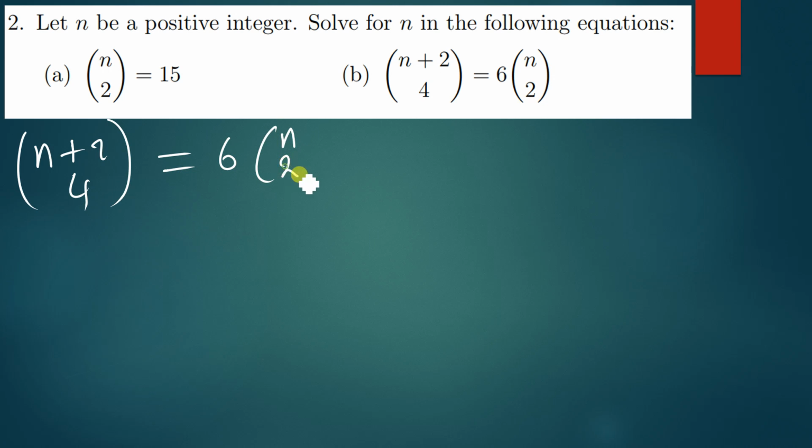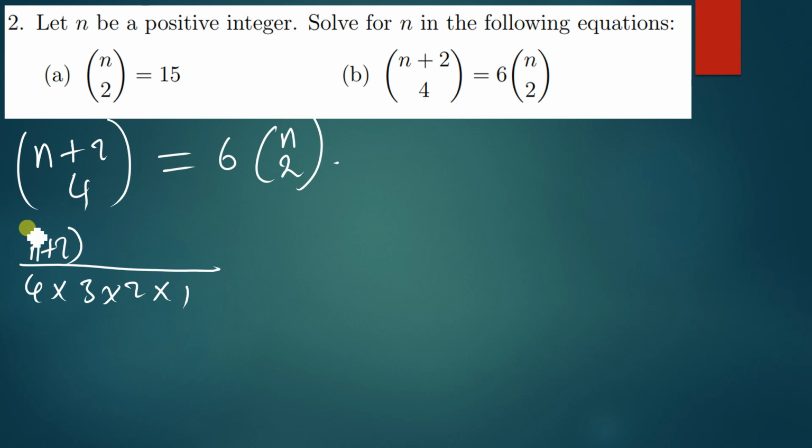So we're going to do the same. On the denominator there, I'm going to have 4 times 3 times 2 times 1. On the numerator there, I'm going to have n plus 2. Then from there, we subtract 1 from it, so we're going to have n plus 2 minus 1, which is n plus 1.